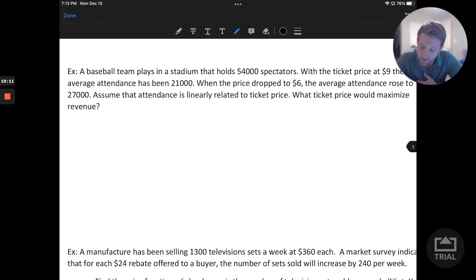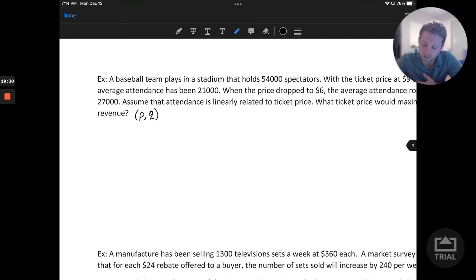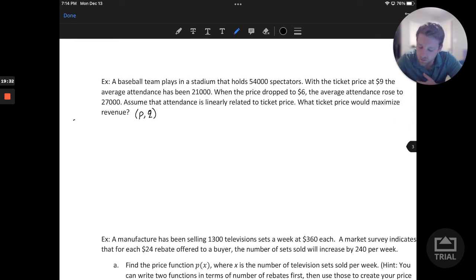So again, we still want a price and quantity here, and this quantity is really the attendance, but we can still use the variables P and Q. I'm going to continue using the price of the ticket as our input and Q as our output, which is the attendance. If you want to use A, that's totally fine, but we'll just use P and Q again.